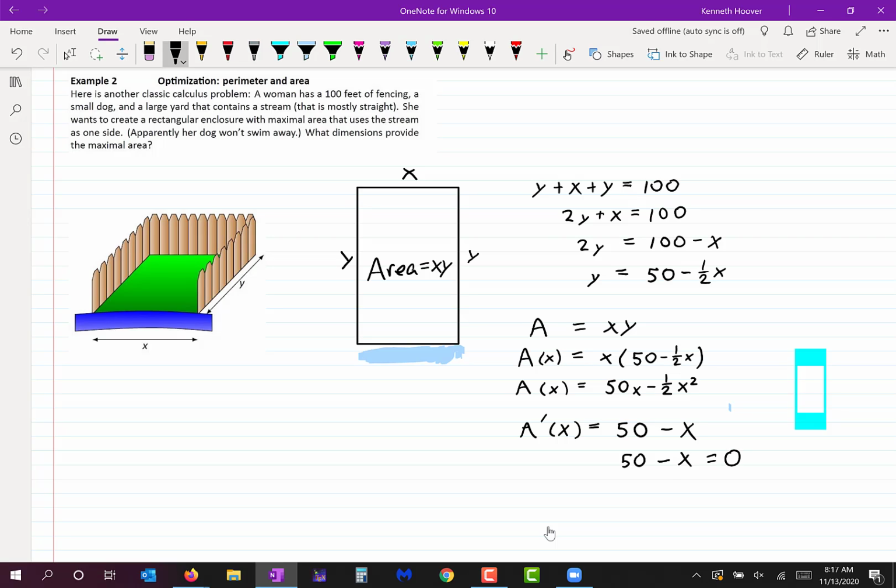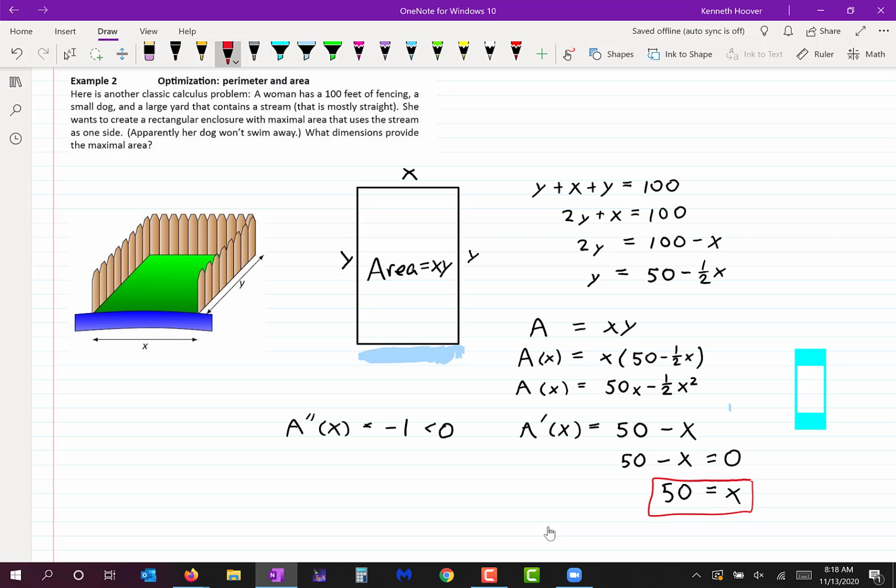Solve for x, and we get 50 equals x. Now I'm going to do the second derivative. Is what? -1, which is less than 0, which means the function's concave down, which means this gives me a maximum.